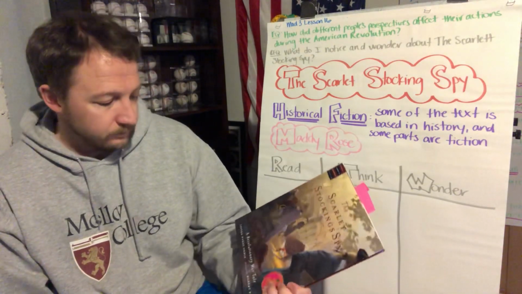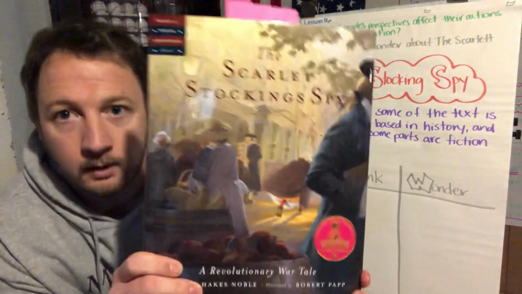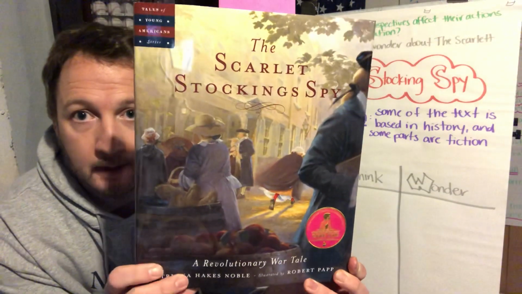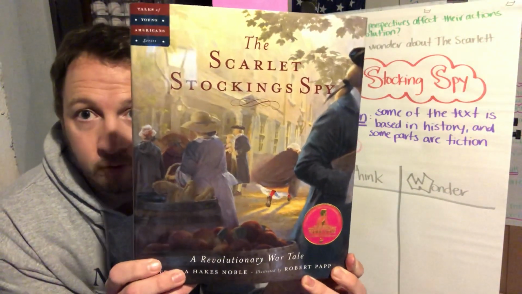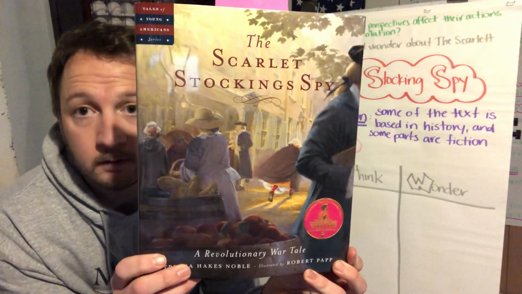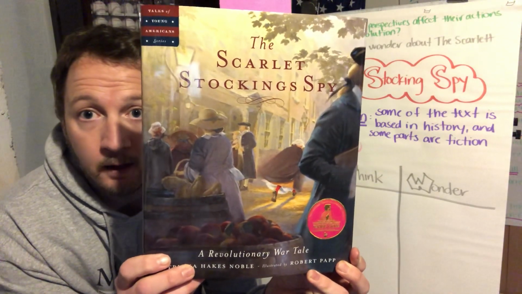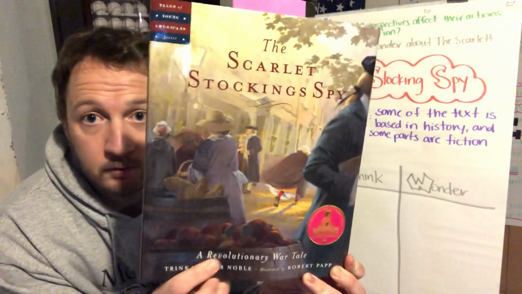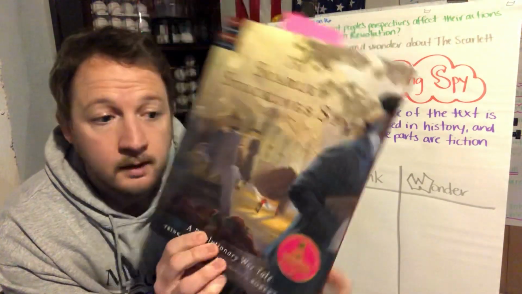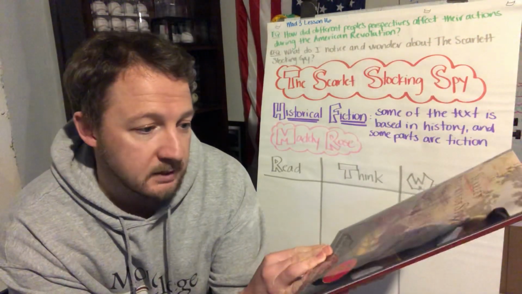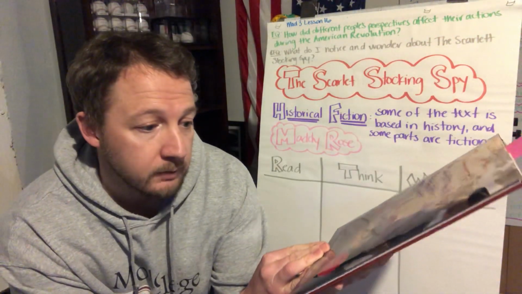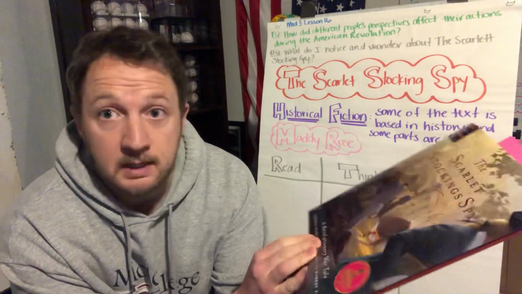Just by looking at the cover of the Scarlet Stocking Spy, you see a lot of people dressed in the colonial clothing of the time, and at the bottom it says a Revolutionary War tale, and the little award at the bottom is a Teacher's Choice Award from the International Reading Association.